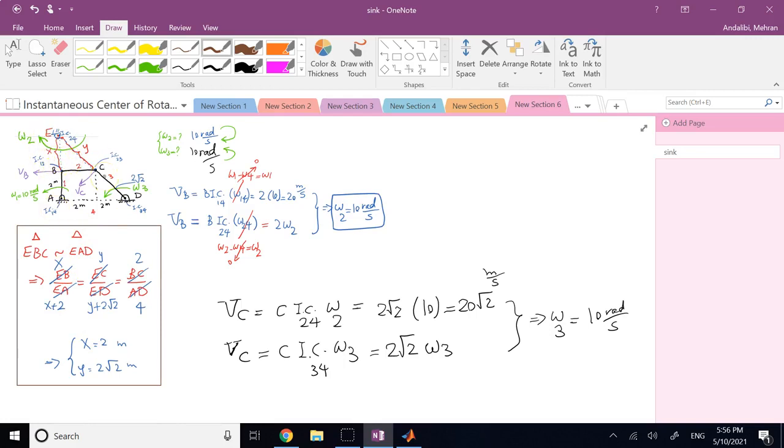But in general, there is always a geometry trigonometry solution to find these unknown distances. And that's why some students do not like the instantaneous center method, because they would rather do the cross products and calculate with vectors than to find these distances. So it depends on whether you prefer vectors and cross product or you prefer doing geometry, okay? But there are two different approaches to that problem.